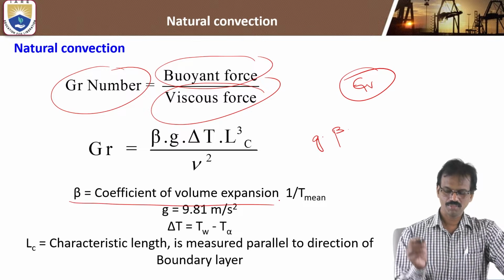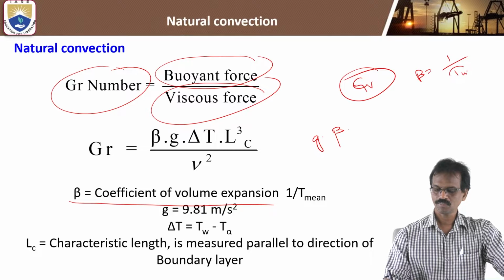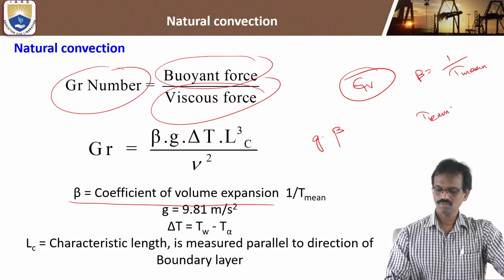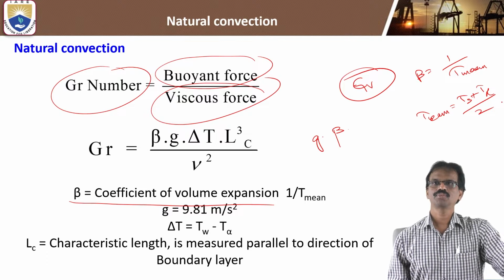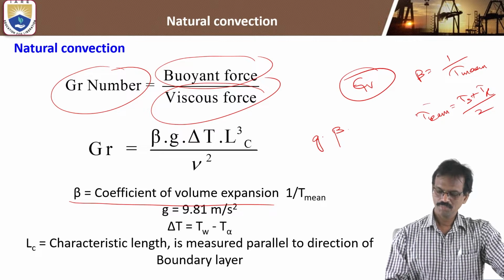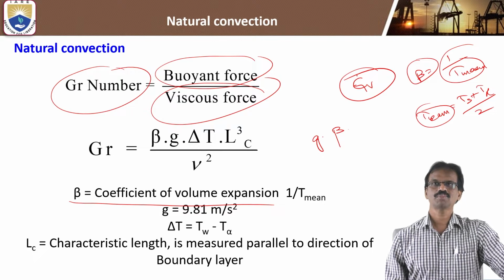This beta is nothing but 1 by T mean. What is T mean? You already know that it is the solid surface temperature plus the fluid temperature, T infinity, divided by 2, that is (Tw + T infinity) by 2. So this is the T mean, and 1 by T mean is the coefficient of volume expansion.